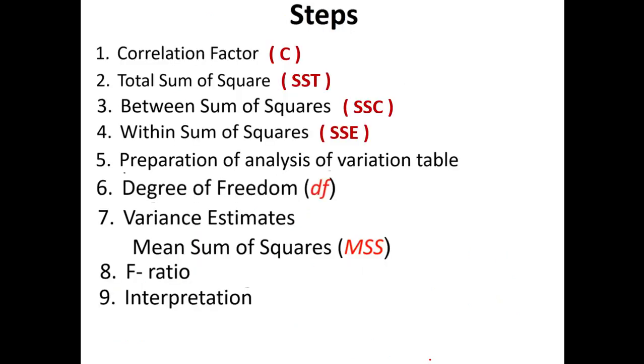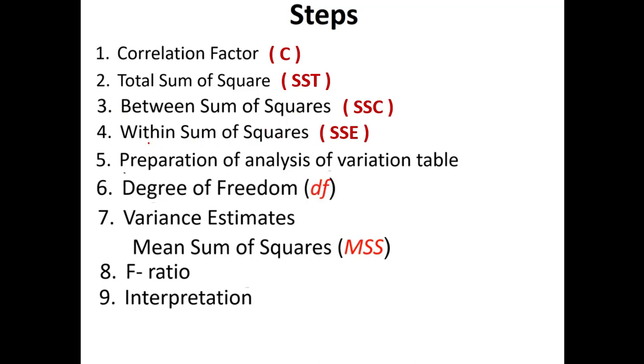Now these are the few steps with which we are going to solve ANOVA problems. First we find the correction factor, then the total sum of squares, then the between sum of squares and within sum of squares.